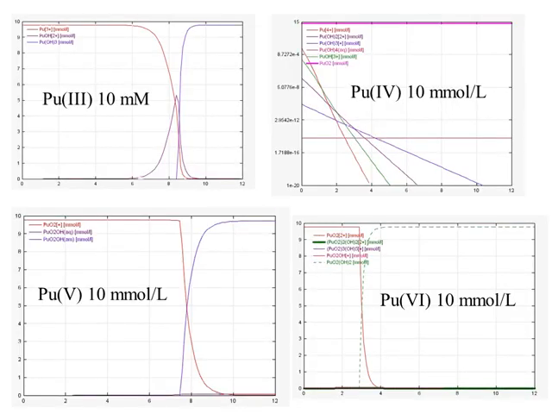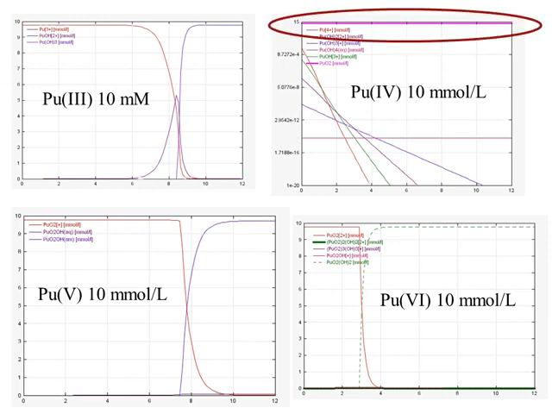A more full picture of different oxidation state calculations is presented here. This can be useful for understanding stock solutions, both concentrations and pH range. For instance, if one looks at plutonium-3 and you had a plutonium-3 stock solution, you could go up to a pH of around 6, and the plutonium would still be the free metal ion. Whereas for plutonium-4, under the range examined with a 10 millimolar solution, the dominant phase circled here is plutonium dioxide, in other words, plutonium precipitate.